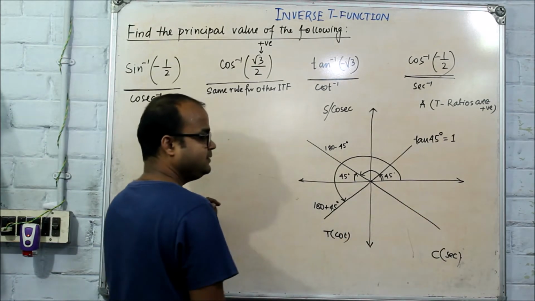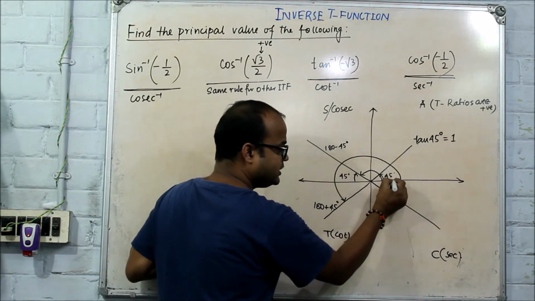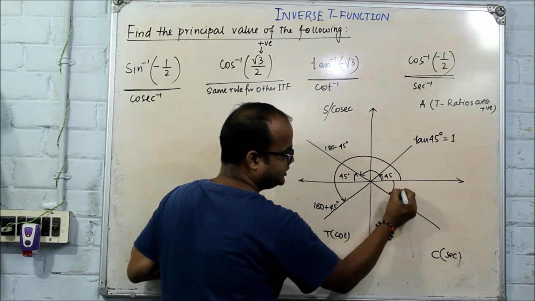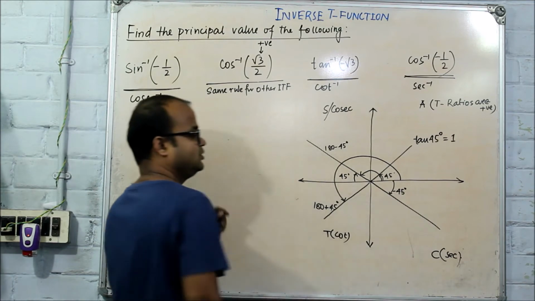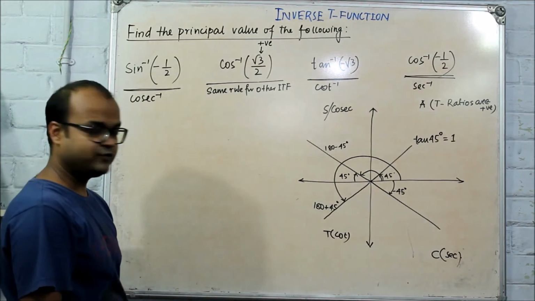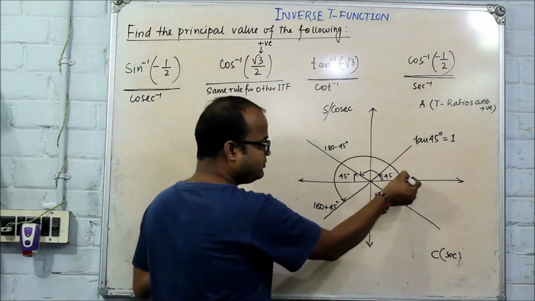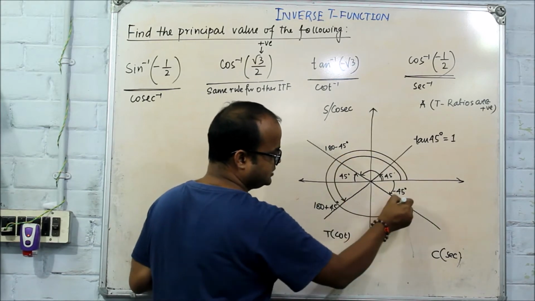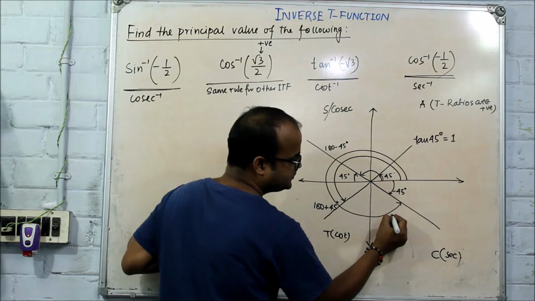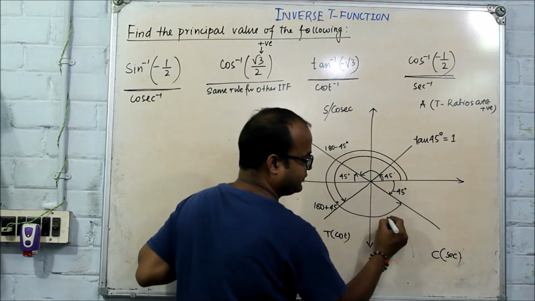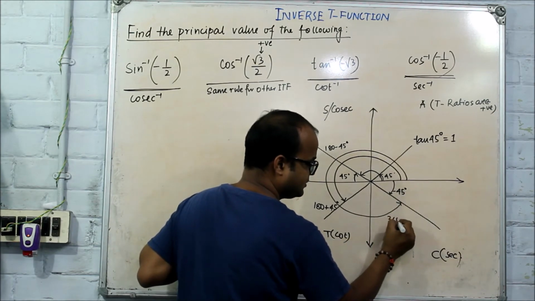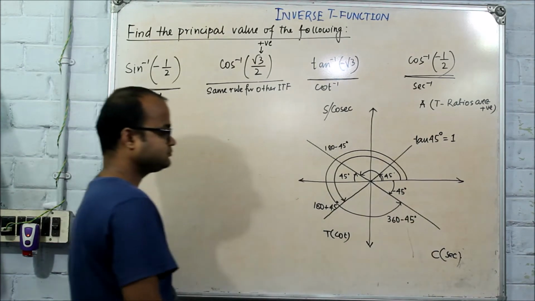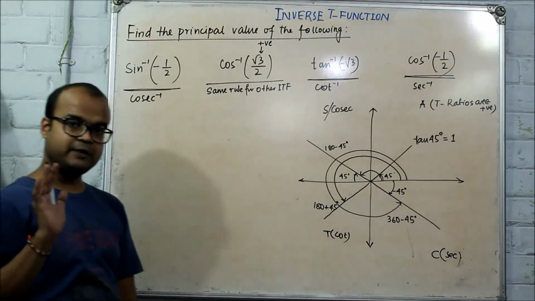So you will get this line. If you measure this angle in the clockwise sense, it will be 45 degree, that is minus 45 degree. And if you measure the same angle in the anti-clockwise sense, this will be 360 minus 45. Am I clear to everyone?